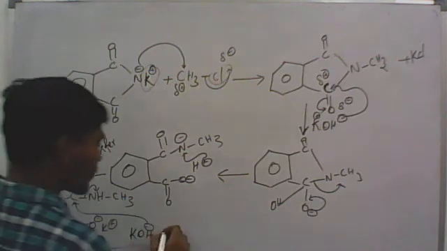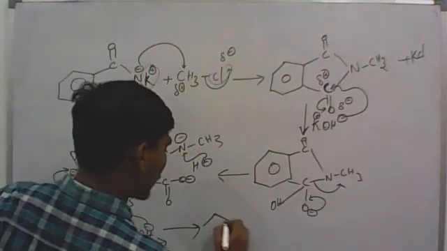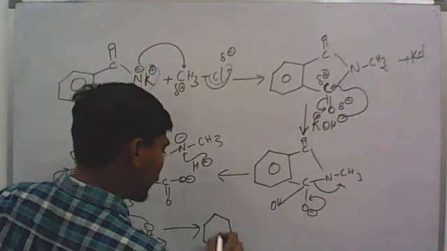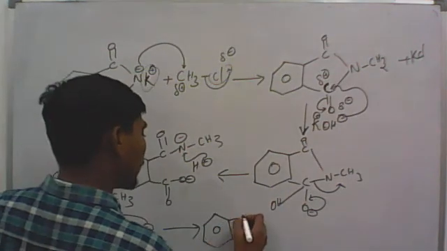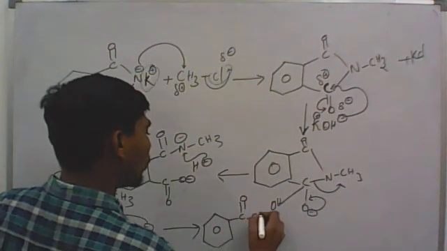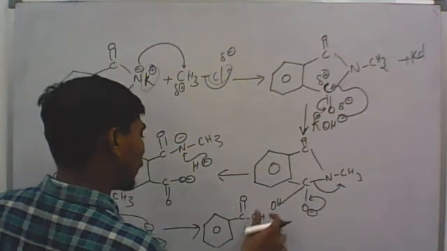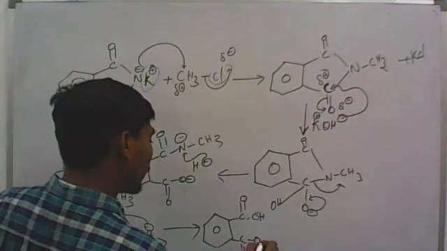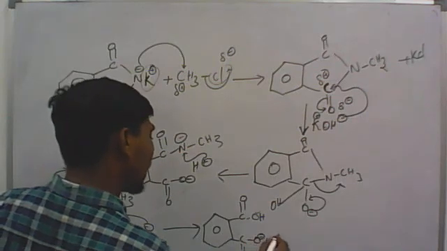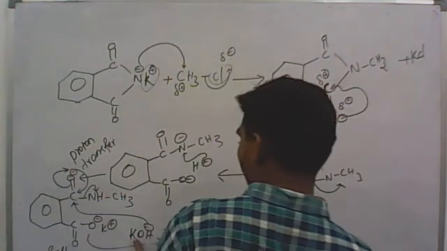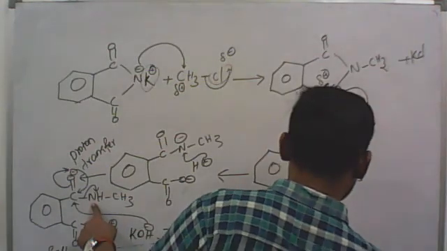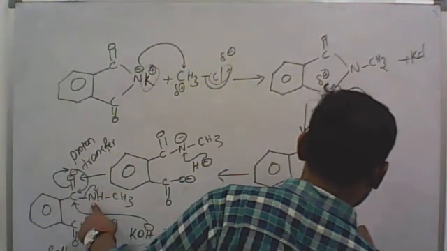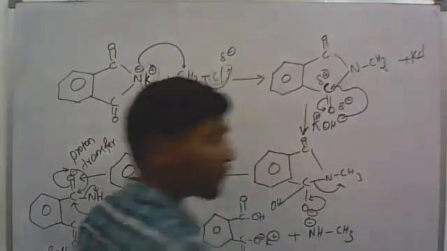Now it produces C double bond O H, OH and C double bond O minus and K plus, N H C H 3 minus.